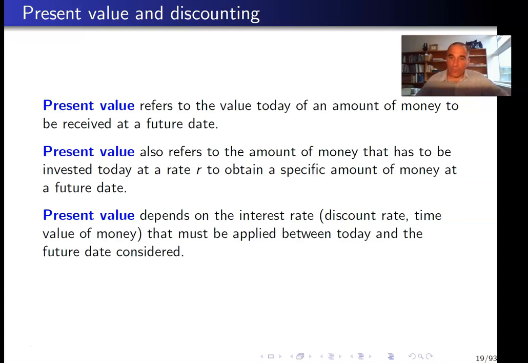And as with future value, present value depends on the interest rate, on the number of periods, and the number of times the interest rate is calculated from here until the moment where the amount of money will be collected. All good?